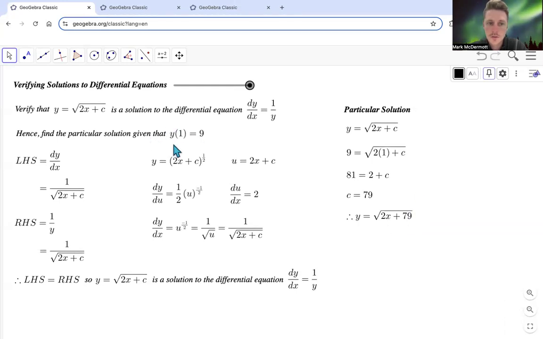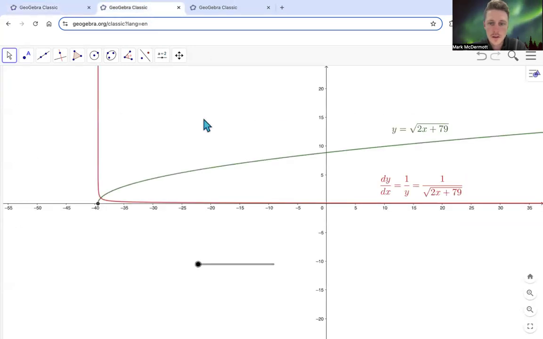All right, what I want to do now is look at the graph of these two things. So let's come over here and have a look at that. We can see in green, we've got y equals the square root of 2x plus 79. And in red, we've got the derivative, which we said is 1 over the square root of 2x plus 79. Okay, let's just look at this first part to understand what's going on.